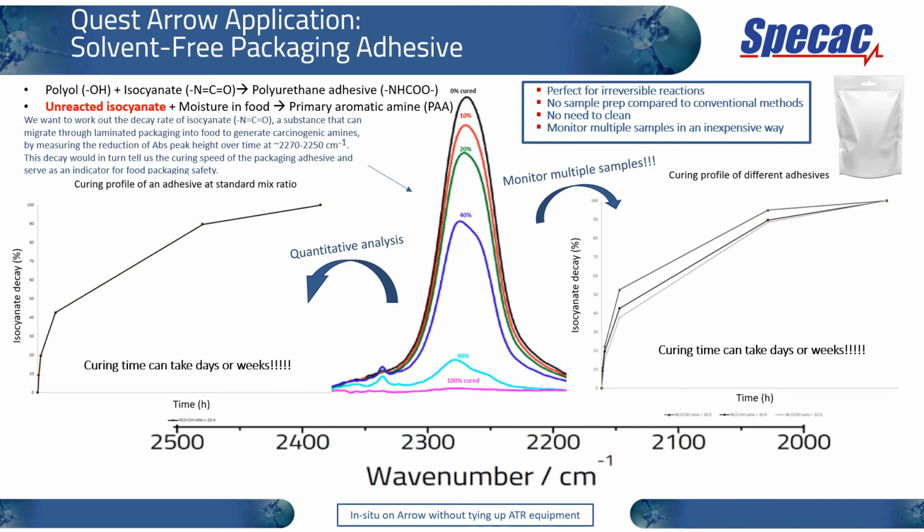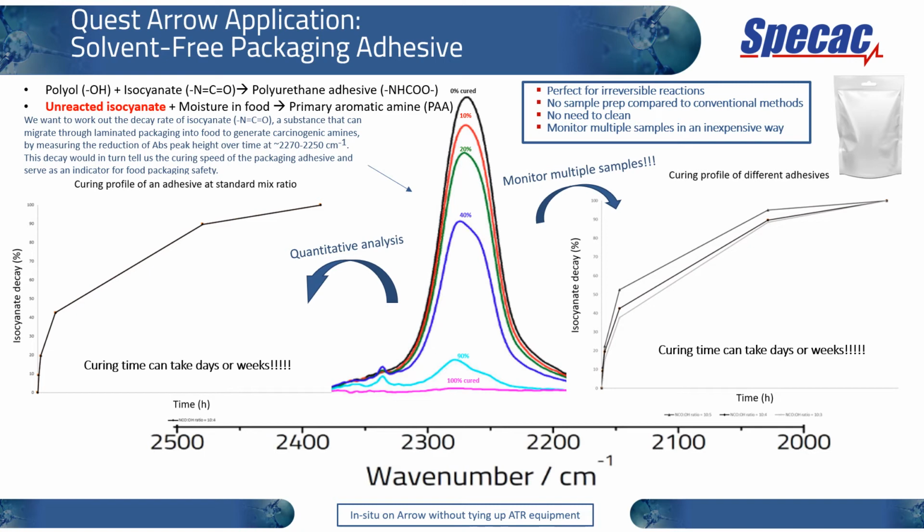So for example, the isocyanate to polyol ratio, or the temperature in the environment, or humidity in the environment, or how much coating weight you've applied to the packaging as well. And you can monitor all that simultaneously by using a lot of Arrow slides.